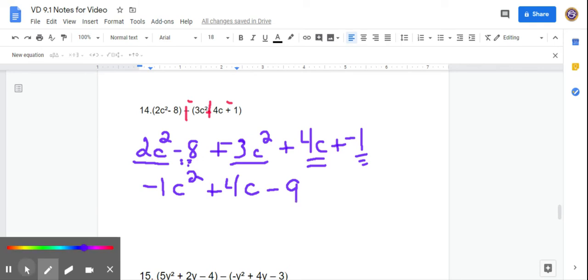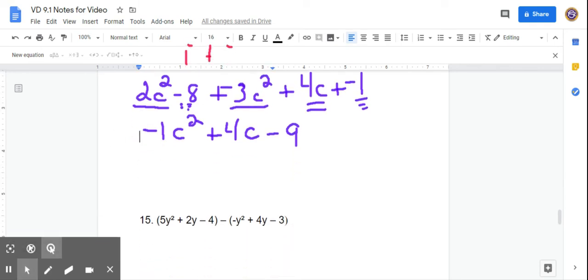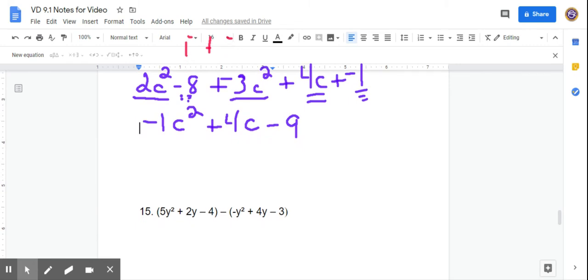Now, if you wanted to, like I said, do this vertically, you would have 2c squared. Again, I'm going to put that 8 over here because I know I have a c term. Negative 3c squared plus the 4c and minus 1.